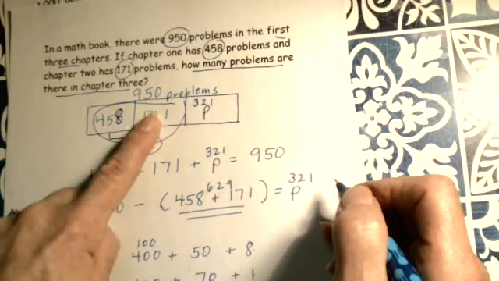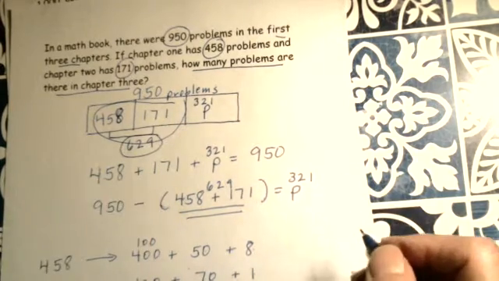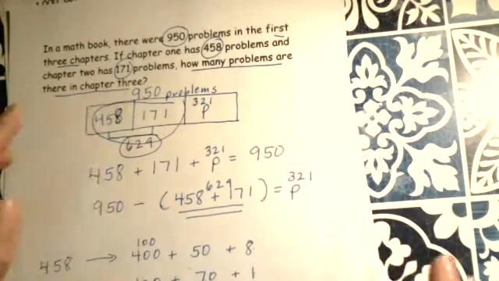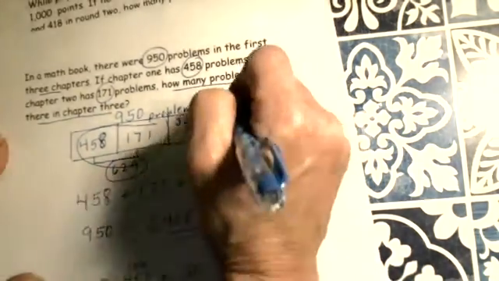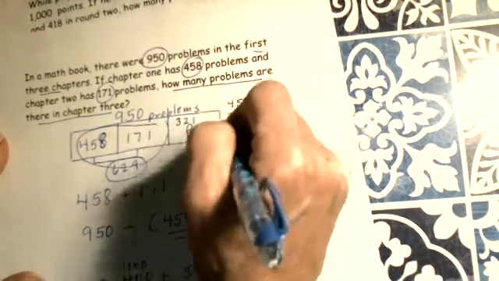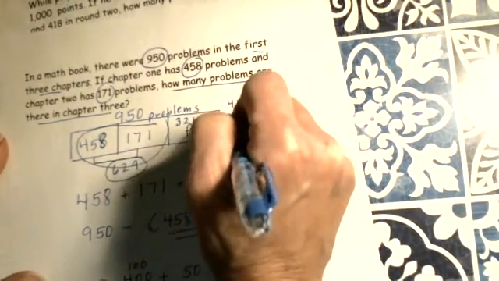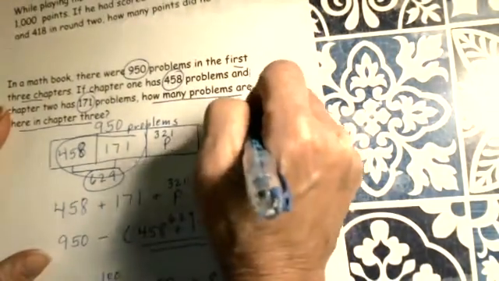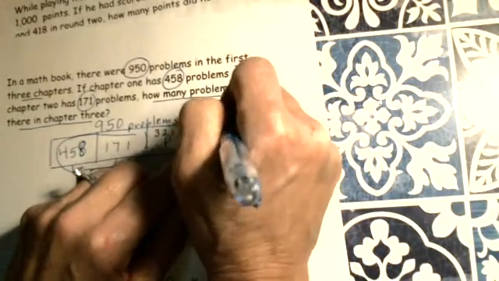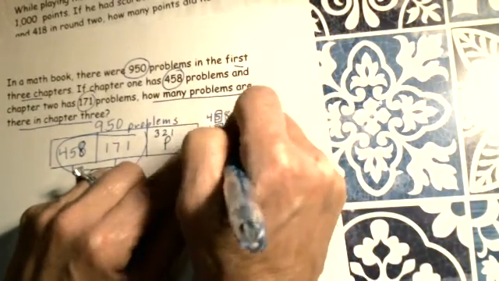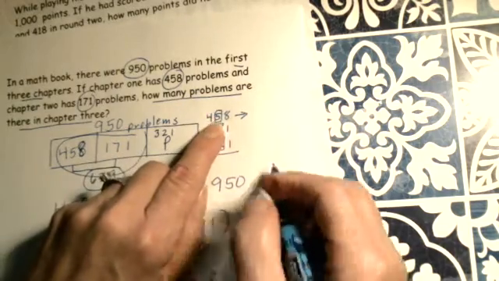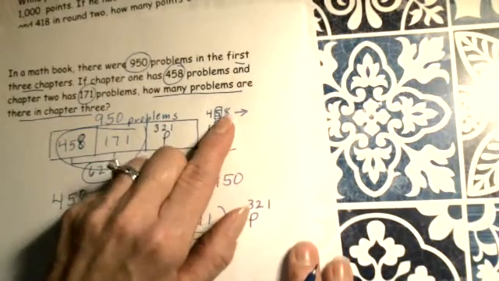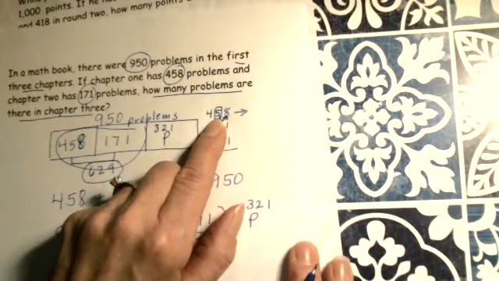Now, if we want to estimate to see if this makes sense, the 458, the 171, the 321, let's do that over here, if I add them all up, if I estimate to the tens place for each of these. 458, if I estimate to the tens place, I look at this 8, so the 5 is going to go up to a 6.